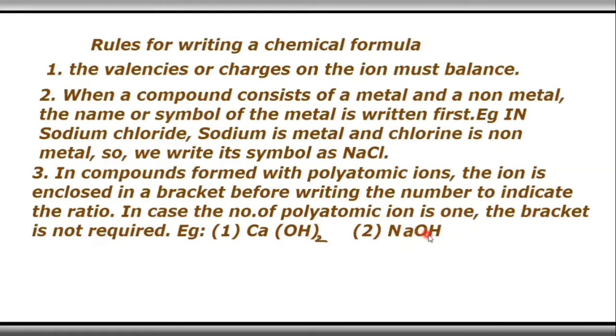In the second case, OH is the polyatomic ion and we don't need to put a bracket because this OH has only 1 charge or 1 valency. So in this way, we have to follow these 3 rules for writing a chemical formula.